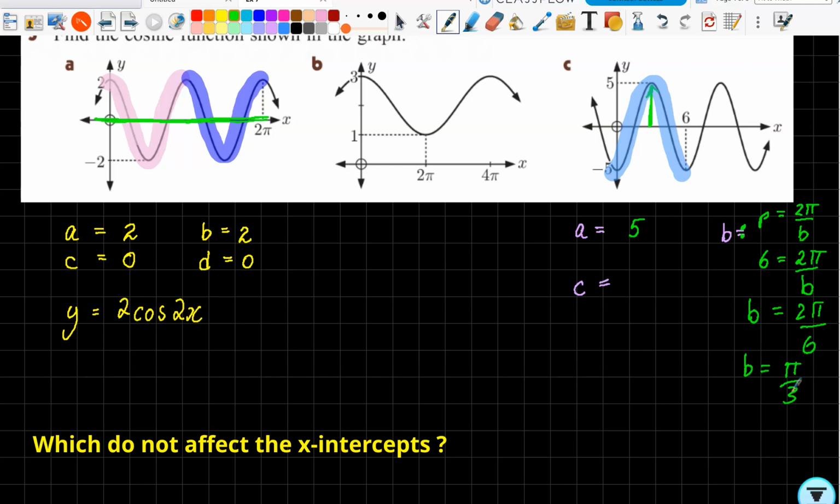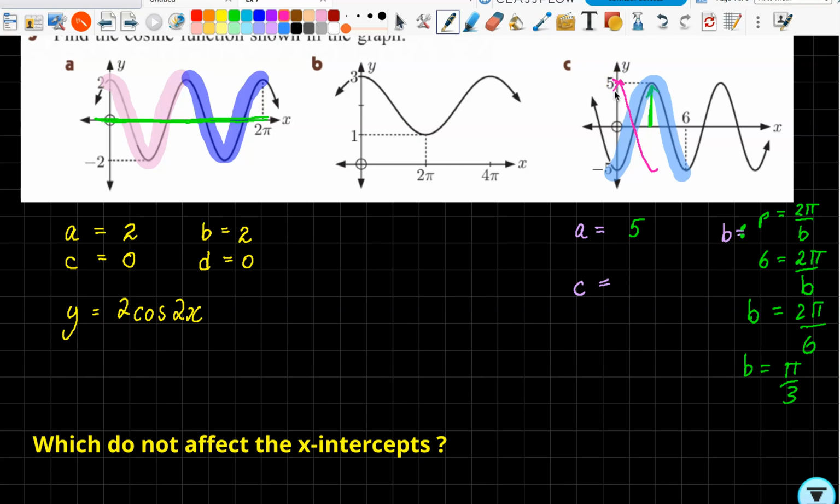All right. Now C. What can we do for C? Has it moved left or right? Well, technically, I would say yes, it has, because your cosine graph always starts up the top. But we can do a couple of things.